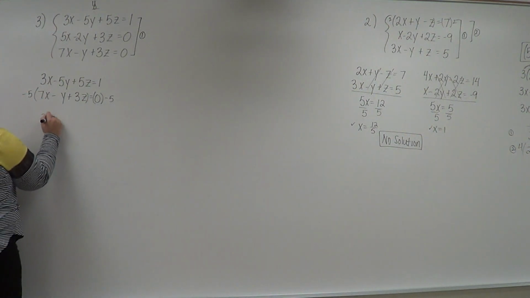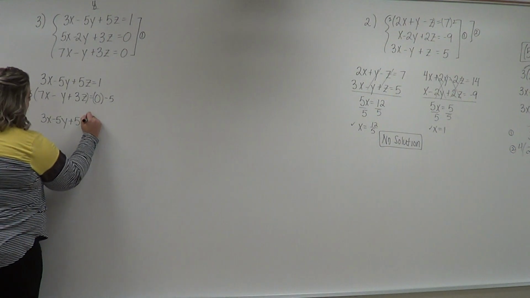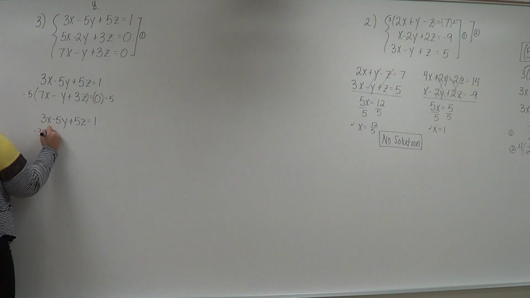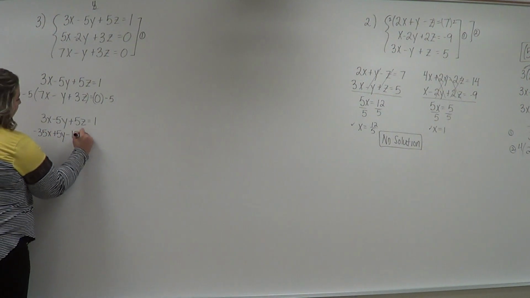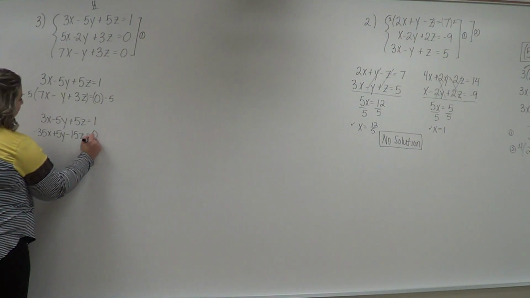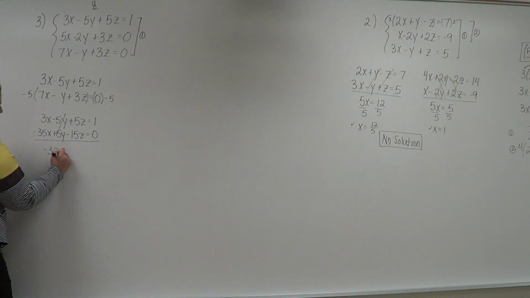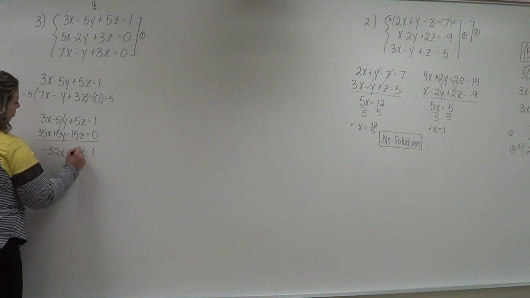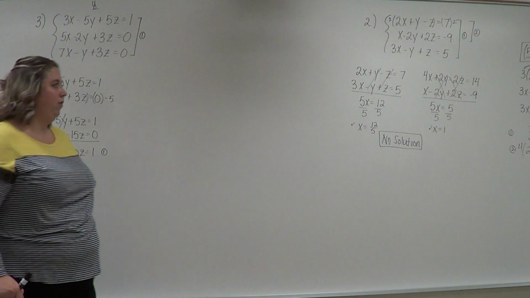So my first one is going to stay the same, but then this equation will become -35x plus 5y minus 15z equals 0. The y's cancel. So I have -32x minus 10z equals 1. So this is our first equation that just has two variables.